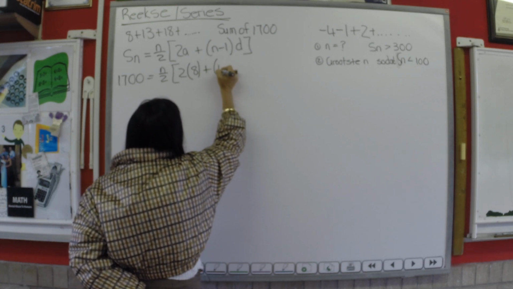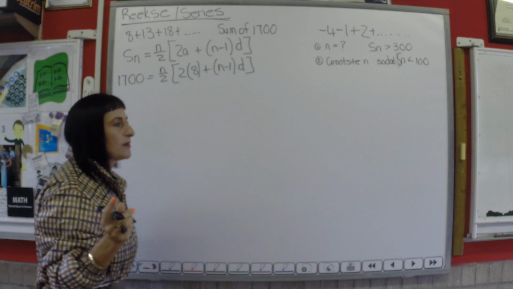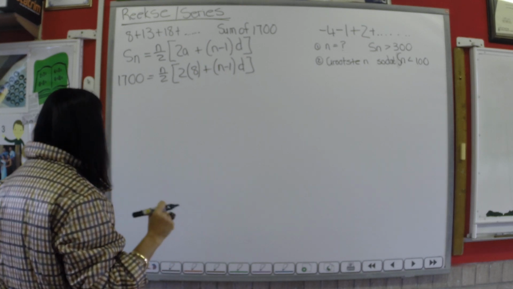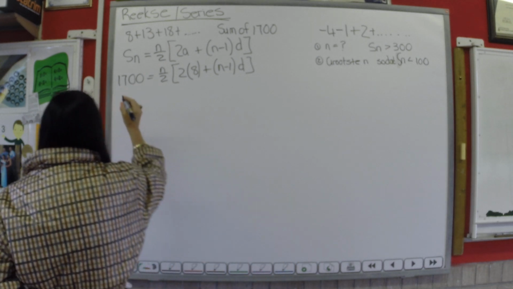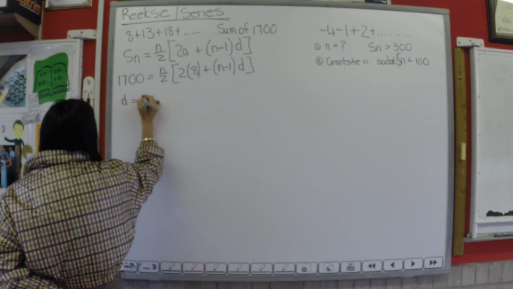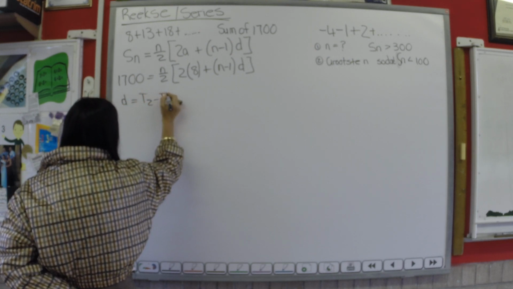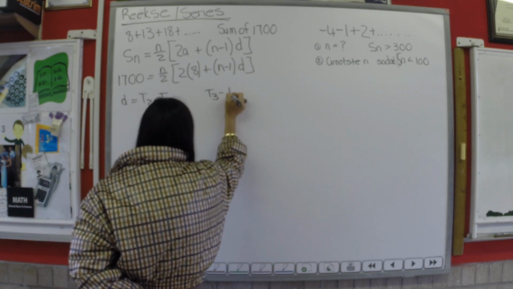I'm looking for n, and I can calculate d, and be careful, you've seen in the previous lesson, make sure that d is the constant difference. So ek gaan eers sê, d equals T2 minus T1, and then I'm going to make sure that it equals T3 minus T2.